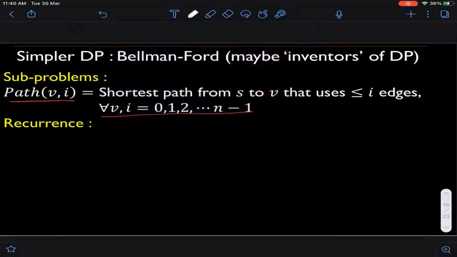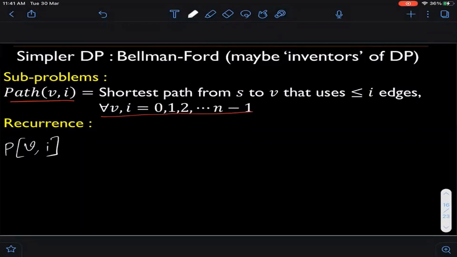So let's now write the recurrence. That's our next task. Let's say V comma i. So what will the recurrence be? Who will tell? What is the easy case? As usual, there will be 2 or 3 cases.